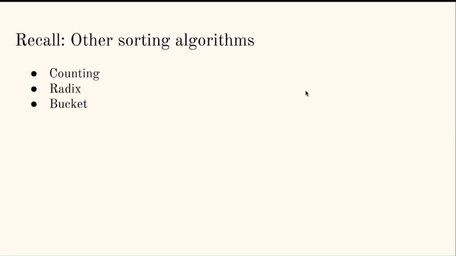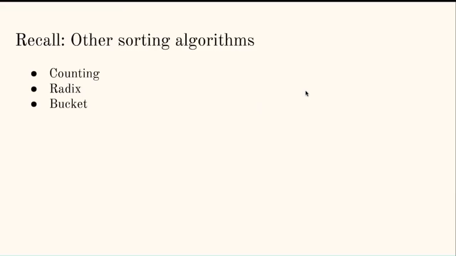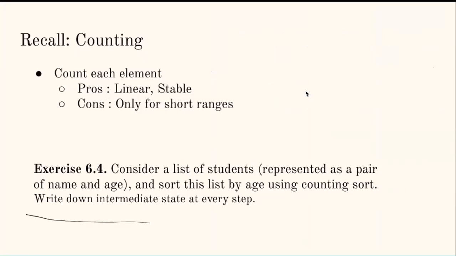So let's take an example. For counting sort, assume we have a list of students, and you want to sort this list by age using counting sort.